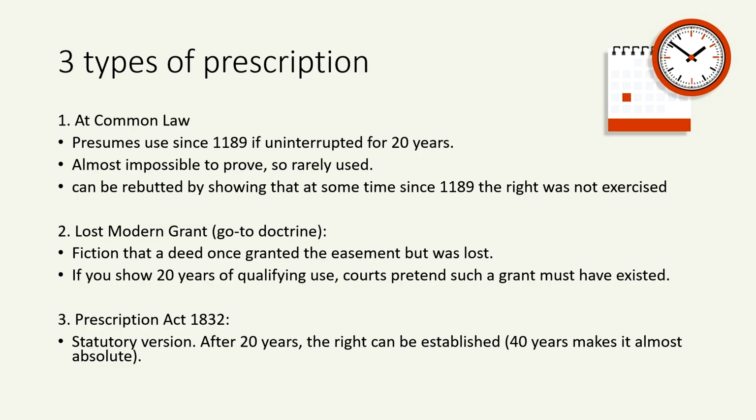So all of those complexities and so on mean that the Prescription Act 1832 isn't used very often in real life, and the courts rely to a large degree on this doctrine of the lost modern grant.